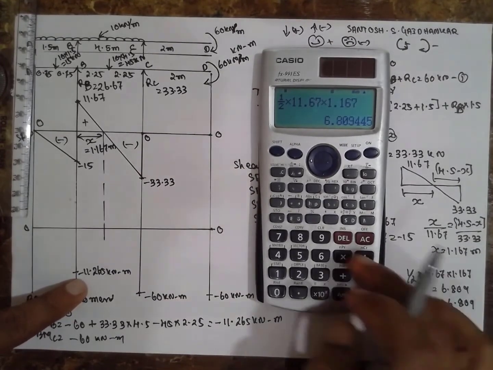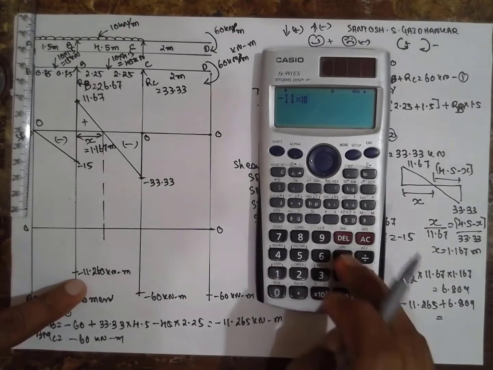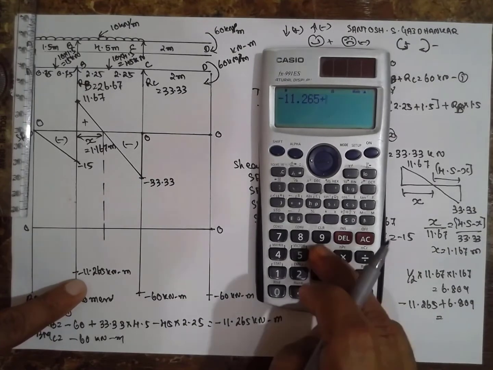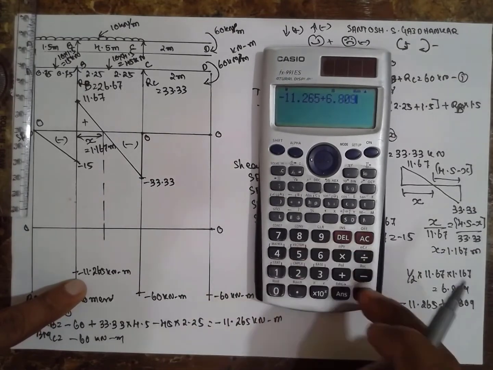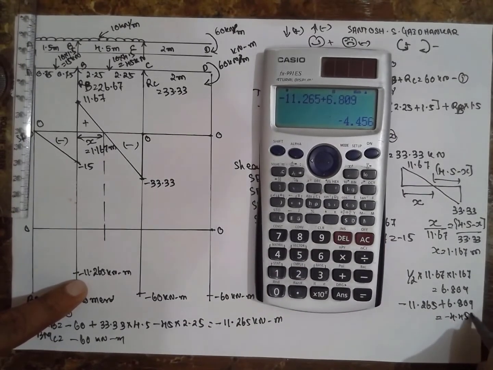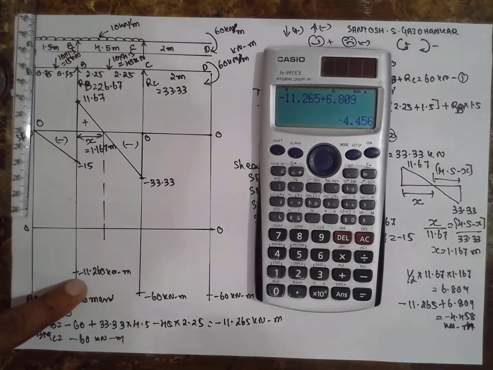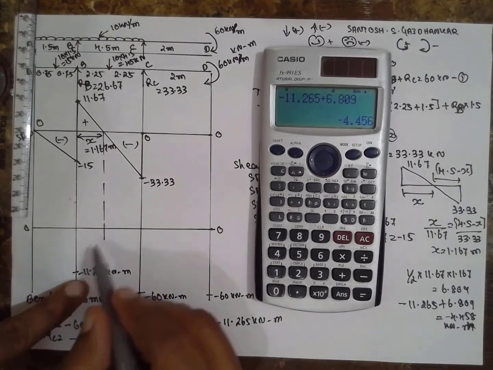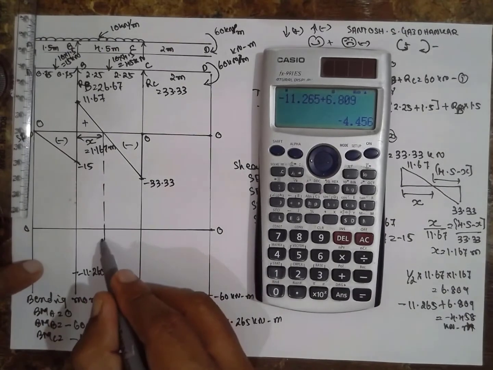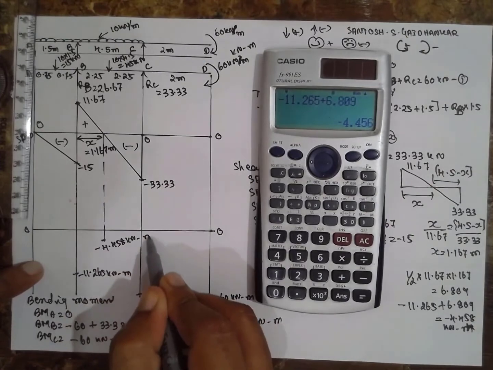The answer is minus 4.458 kilonewton meter. This value is obtained. Now it is less than zero, meaning it is below this line. The value will be minus 4.458 kilonewton meter.